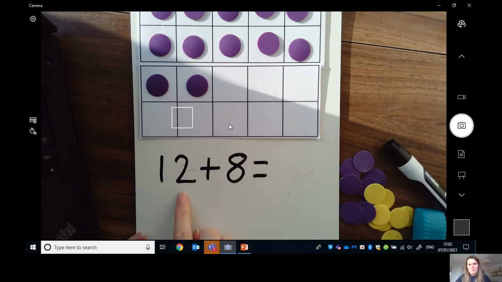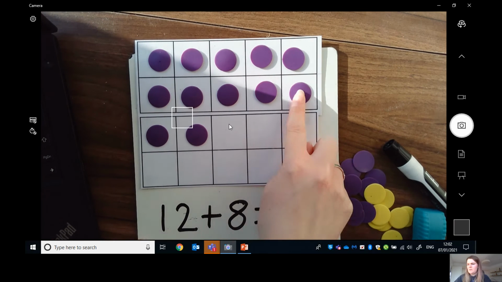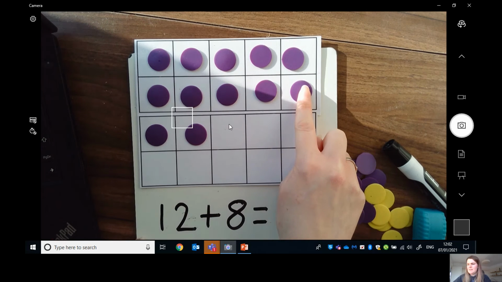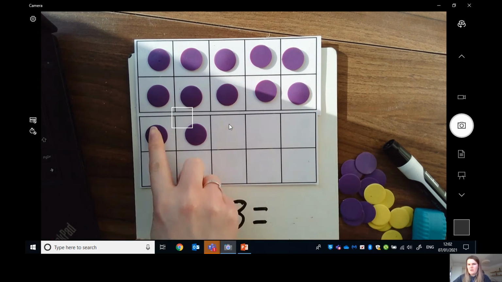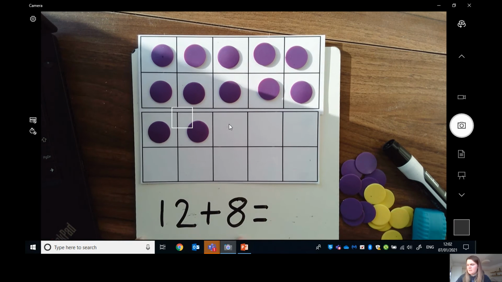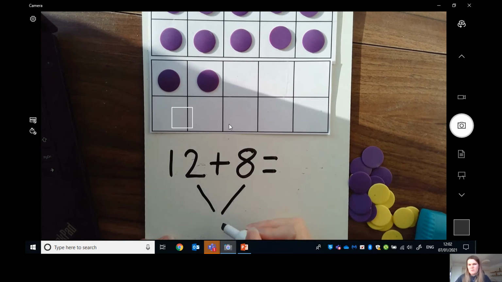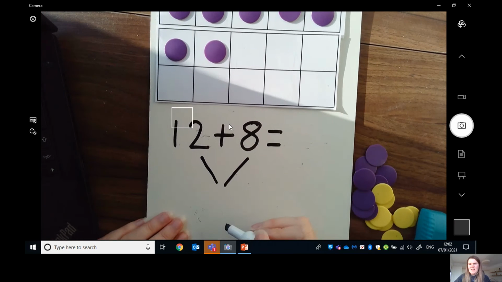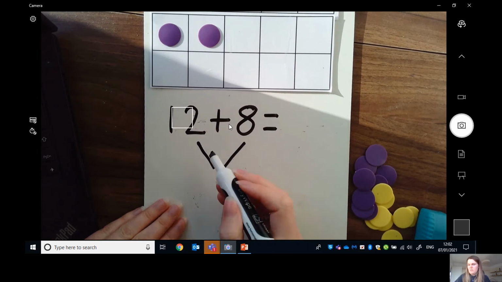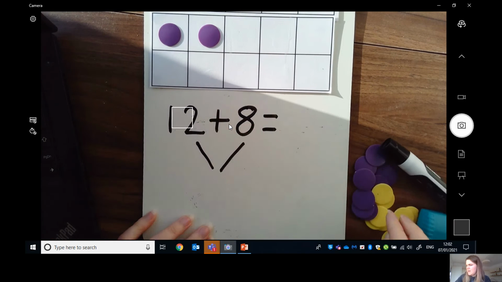Now I need to find my number. So I've already put out 12, but let's double check it. 10, 11, 12. I've got 12. Now I need to find my 8. I could make a prediction and figure out what it might be. Let's just worry about our 2 and our 8. I've got my 2 and I'm adding my 8 to it.